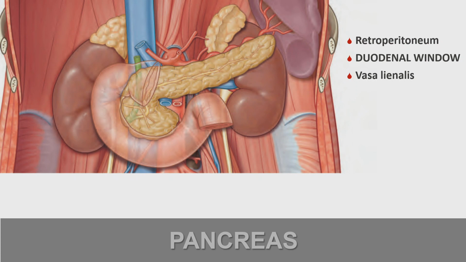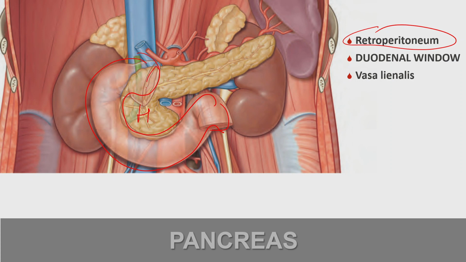Now we turn to the third important structure connected to this. It is the pancreas. Pancreas is a relatively large gland localized primarily in the retroperitoneum. It's localized in the duodenal window. Duodenal window is a C-like structure, and in the C is localized the head of the pancreas.